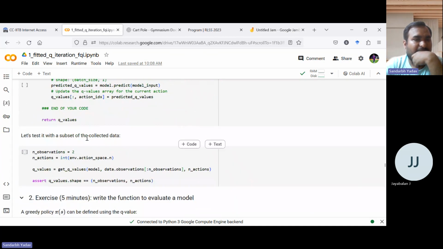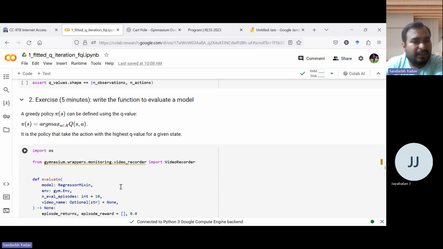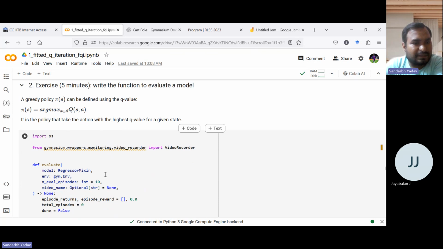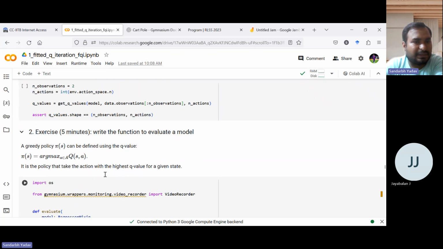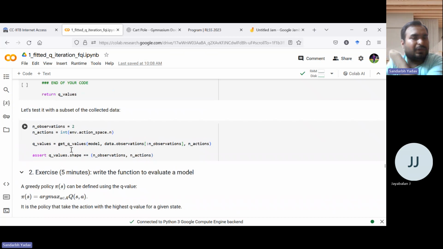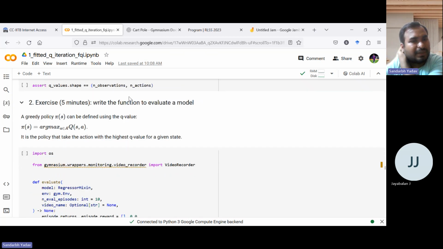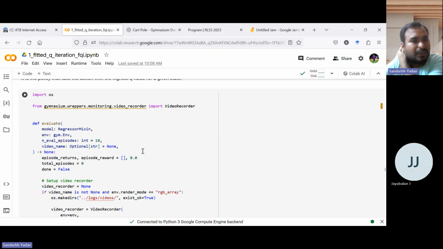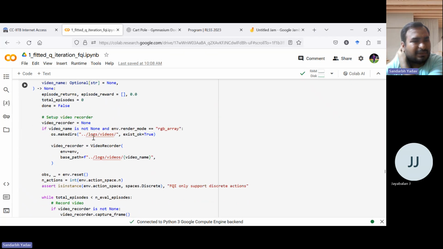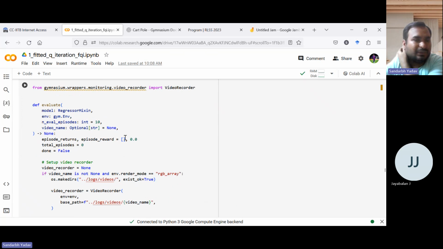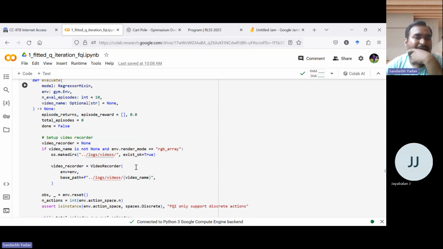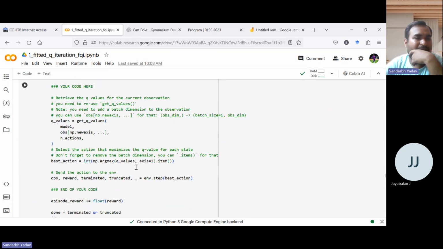Now they are testing it also. They are defining this function to evaluate a model, and for evaluating you can have some episodes. Simultaneously, in this cell they are generating some videos, but you can ignore them.